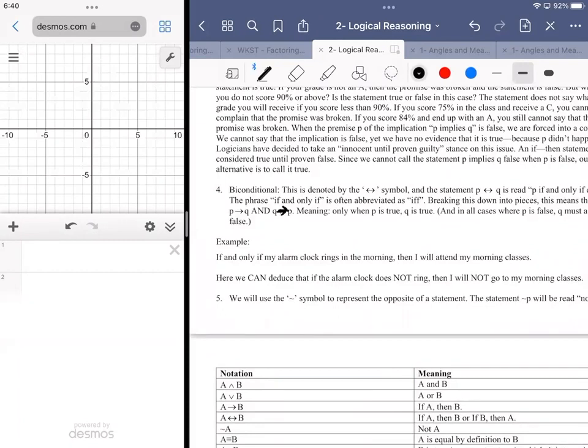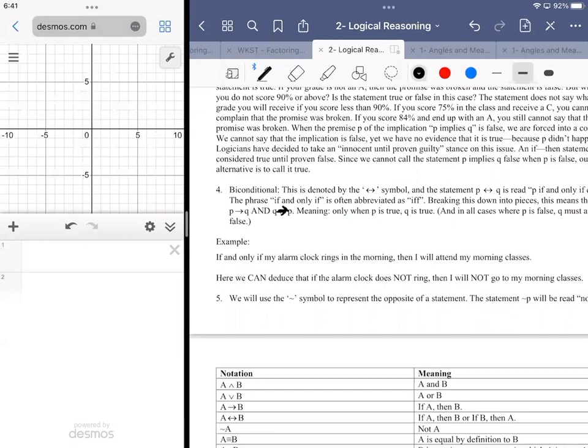The example: if and only if my alarm clock rings in the morning, then I will attend my morning class. And nobody speaks that way. But it's kind of like if you emphasize certain parts of that expression: if and only if my alarm clock rings in the morning, then I will attend my morning class.